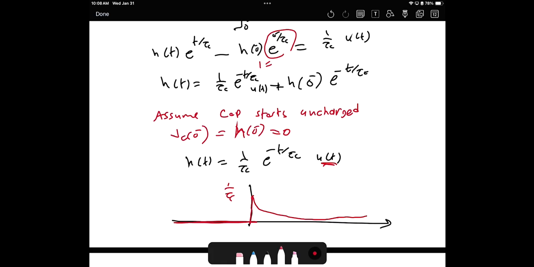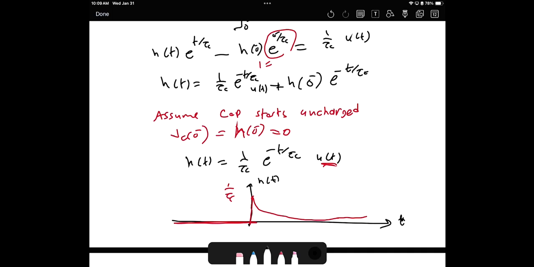Okay? That's h of t. Does this make sense? So that's how we calculate the impulse response for this example, which is the RC example.